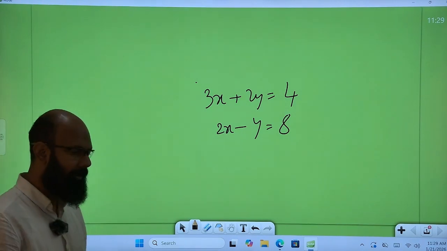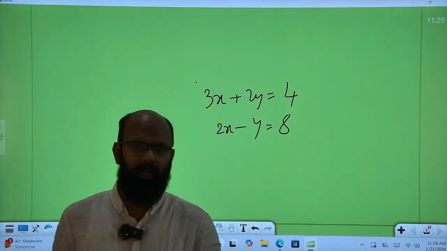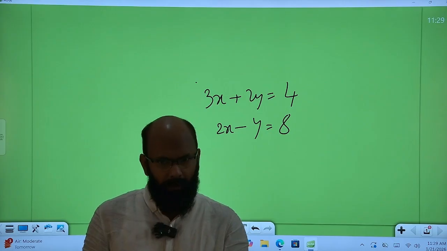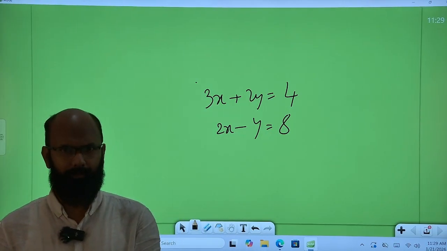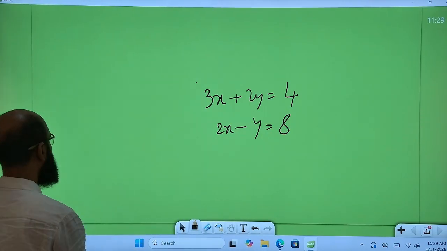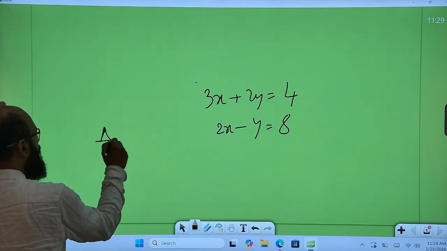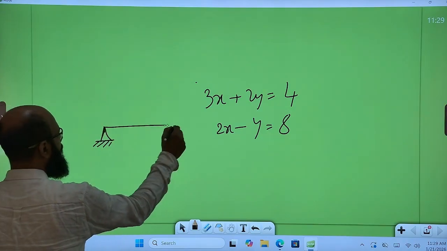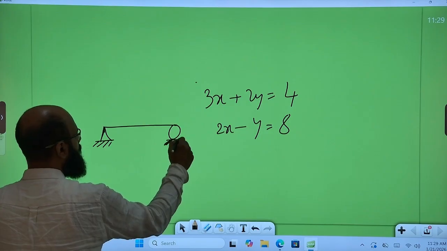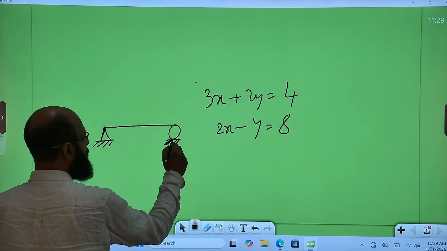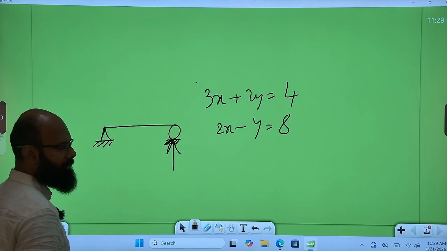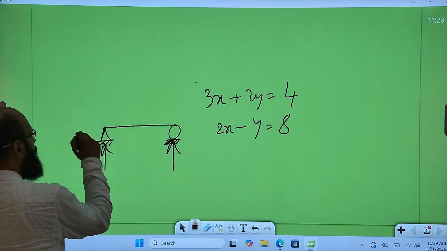Similarly, when we are asking about determinate beams, the unknowns are the reactions of the beam. Suppose this is a pin support and this is a roller support. A roller support has one reaction, a pin support has two reactions.